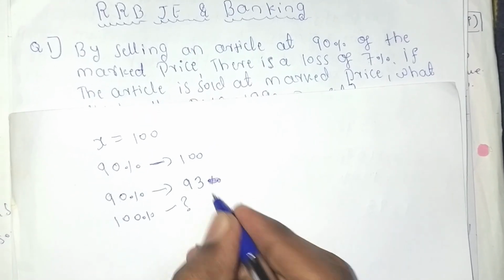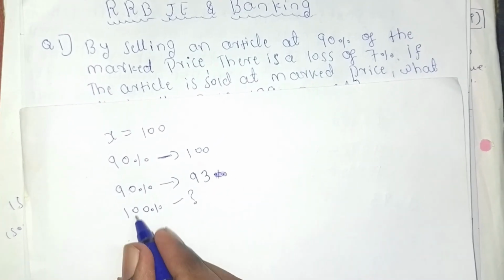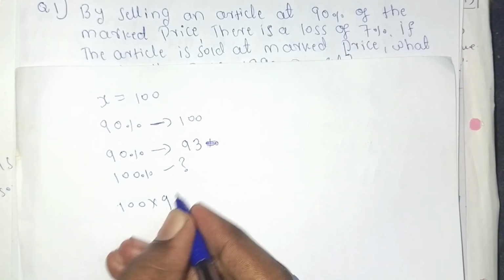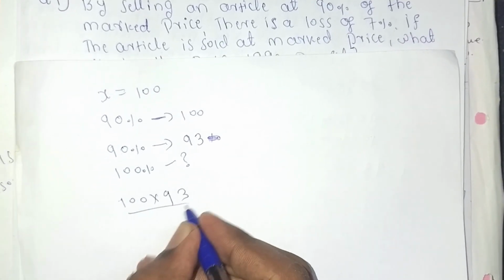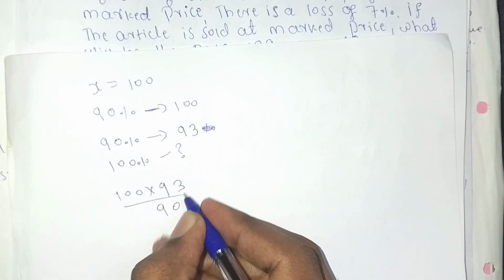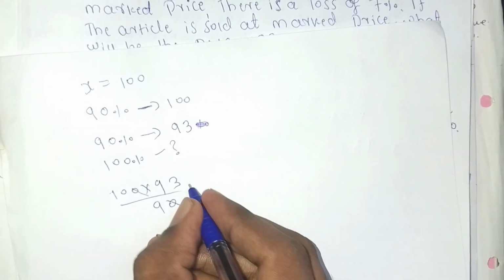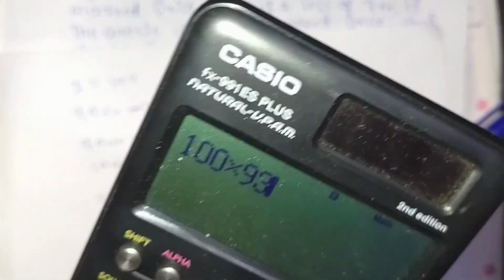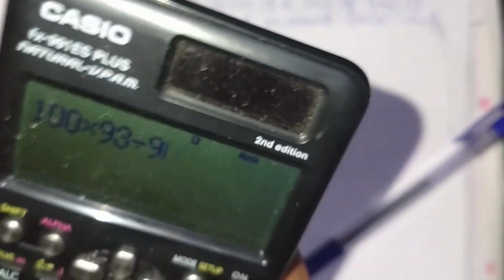Let's see here. So this is not a percentage. This is 100 into 93 divided by 90. The 0 gets cancelled. So let's check in the calculator. This is 100 into 93 divided by 90.